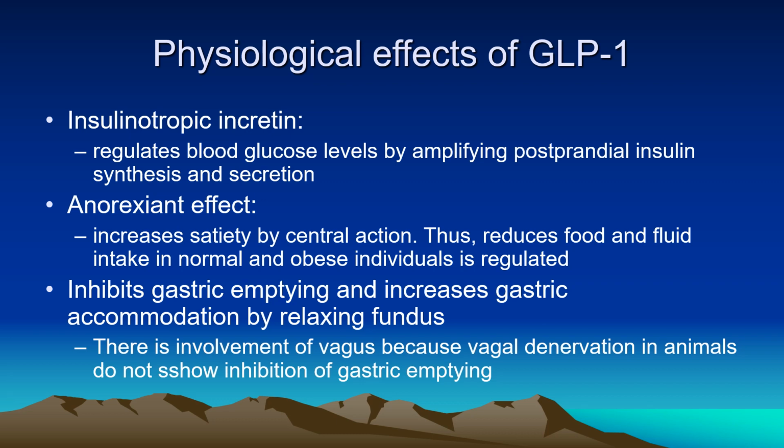In fact, some of the analogs have been primarily indicated to reduce weight in obesity, and their effect is significant. Inhibition of gastric emptying and acid secretion allows retention of food by a relaxation of the fundus. Therefore, gastric emptying time is increased. Vagal involvement is there because a denervated vagus in animals does not show this effect.